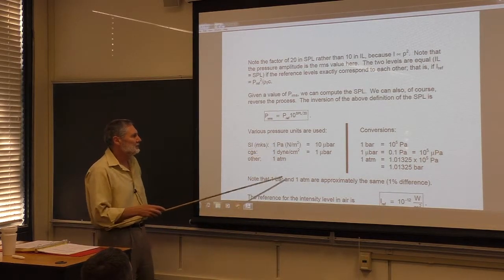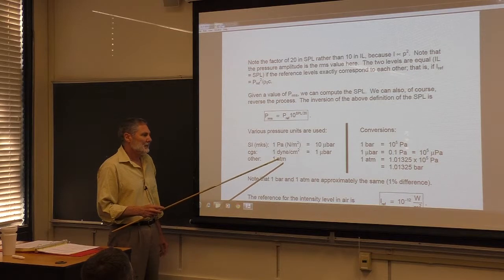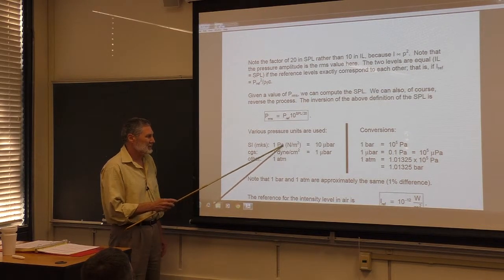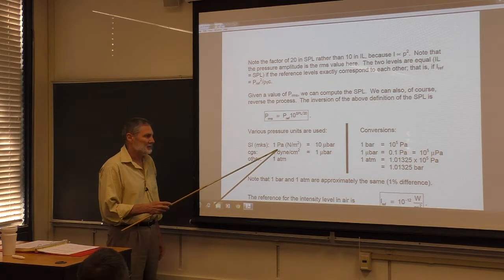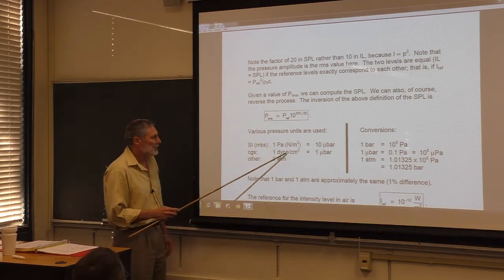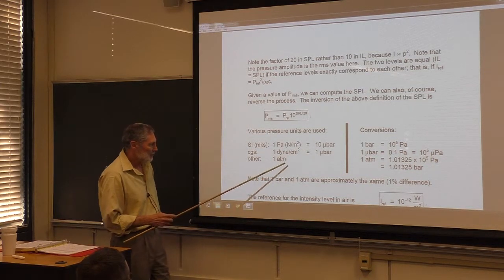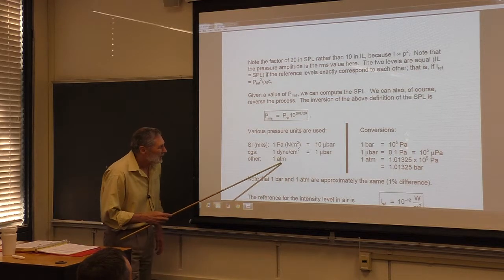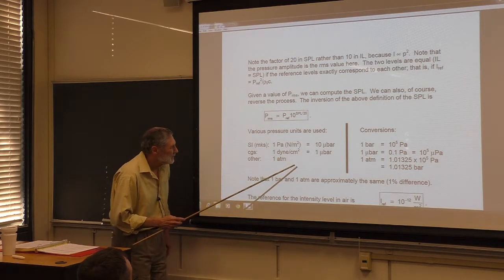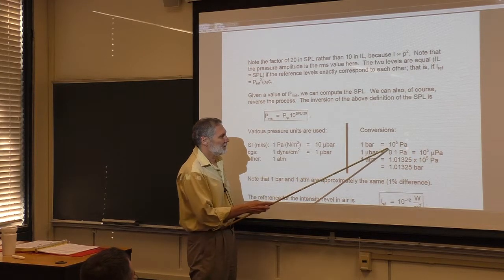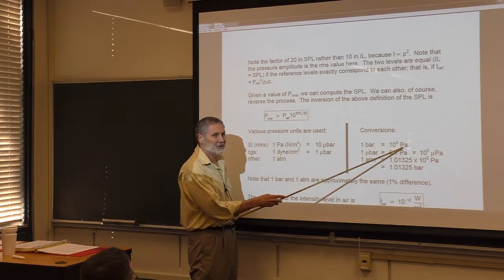We're mentioning this because, unfortunately, as a physical acoustician, I mainly stick with SI, but a lot of people are all over the place. They do whatever's convenient. So you need to deal with conversions. You can see here that a bar is defined to be exactly 10 to the 5th Pascal.